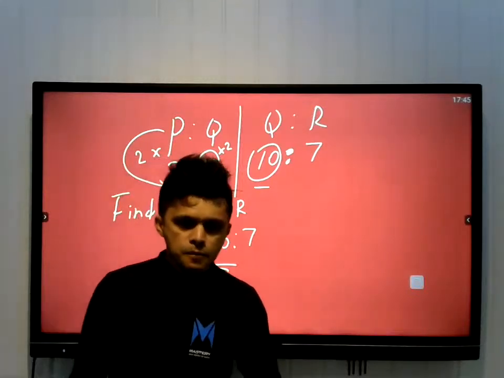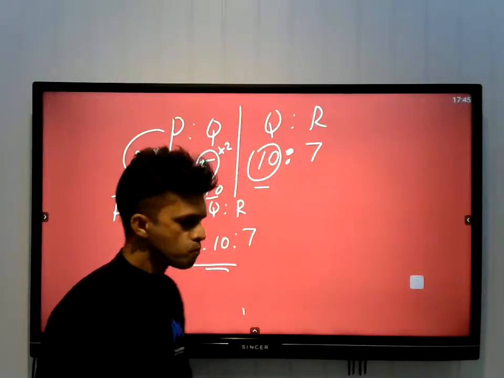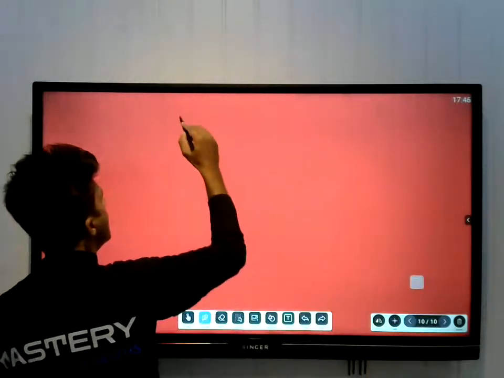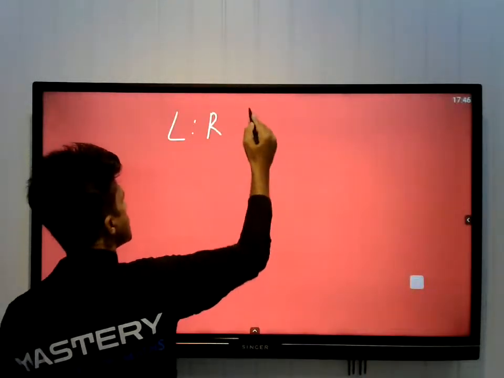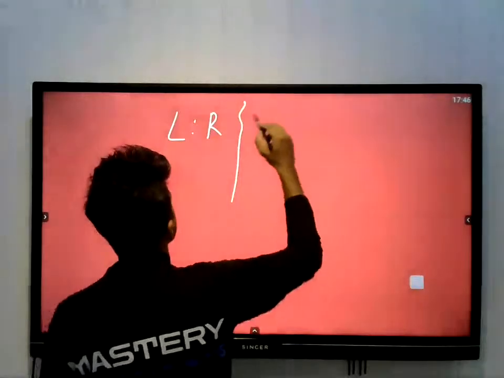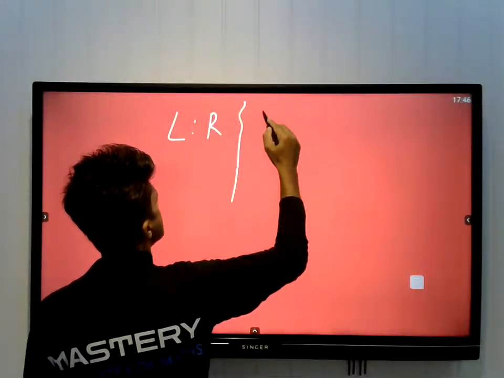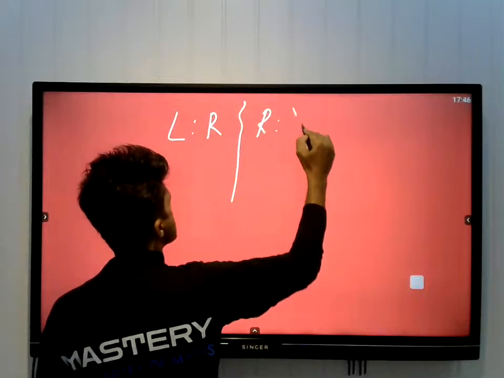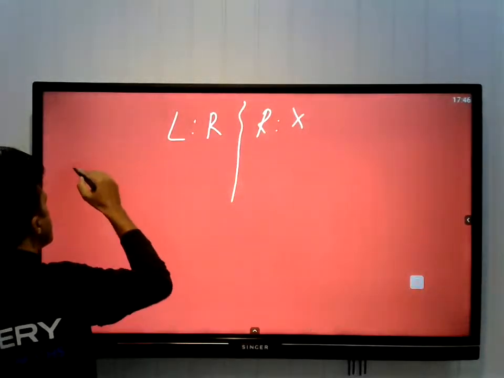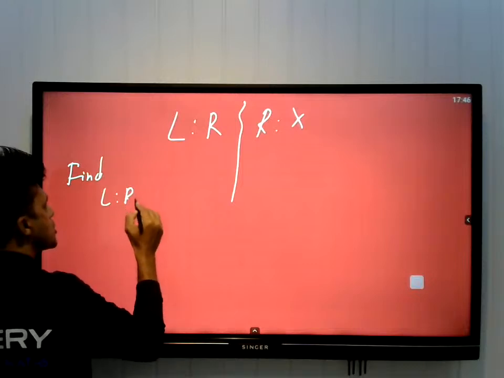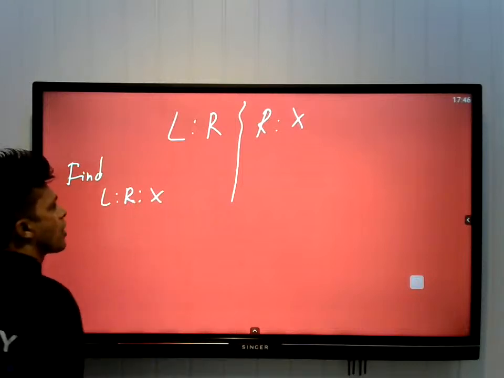Okay. So we could do another one of this type. L to R and here R to X. Find L to R to X. How can you combine this?